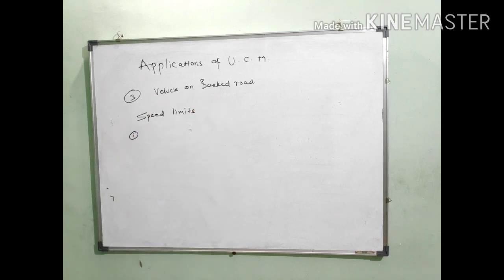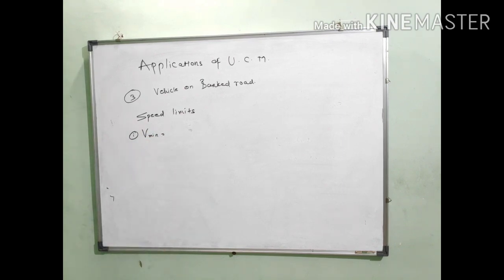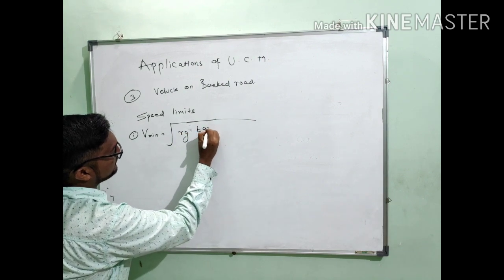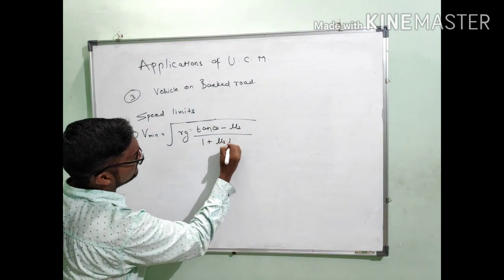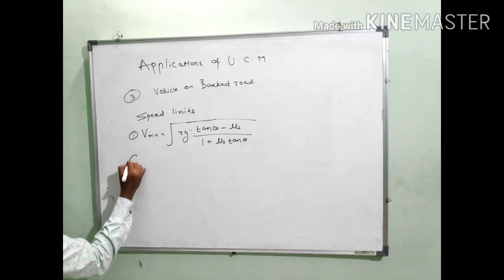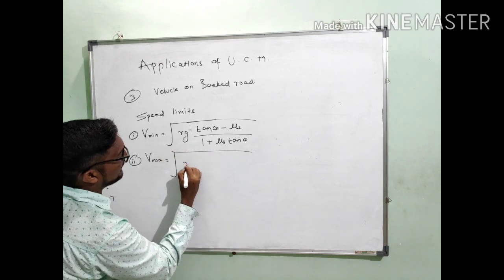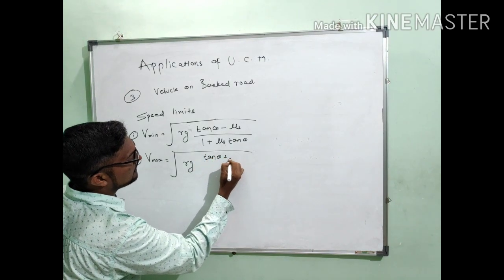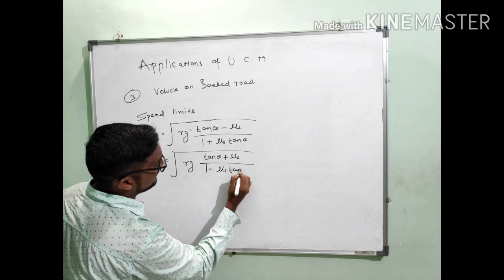First, V minimum is equal to the square root of Rg (tan theta minus mu s) upon (1 plus mu s tan theta), and second, for the maximum, just reverse the signs: V max is equal to the square root of Rg (tan theta plus mu s) upon (1 minus mu s tan theta).